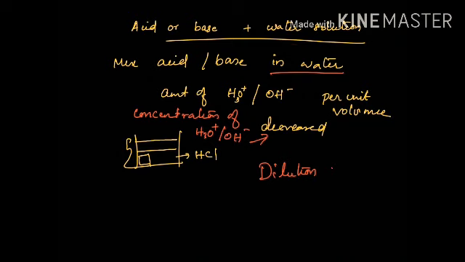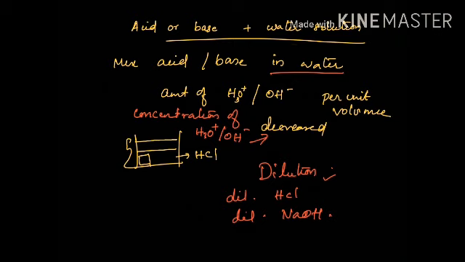Those acids or bases which have undergone dilution, we call dilute HCl. That is, if you are diluting the HCl, we say dilute HCl, or dilute NaOH. So if you are mixing with the NaOH, then we call it dilute NaOH.